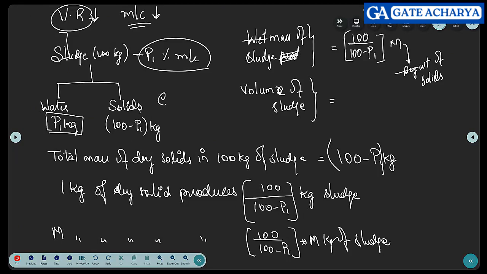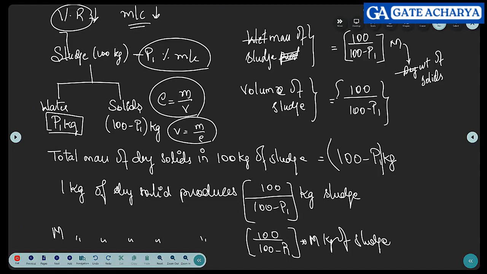Density is equal to mass by volume, so volume is equal to mass by density. So it is 100 divided by 100 minus P1 into mass of solids by density of sludge.